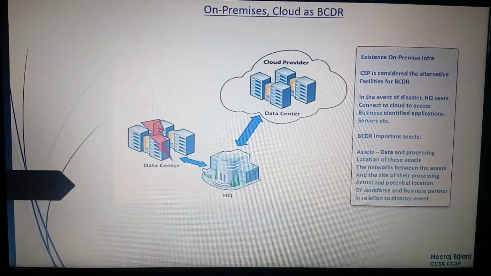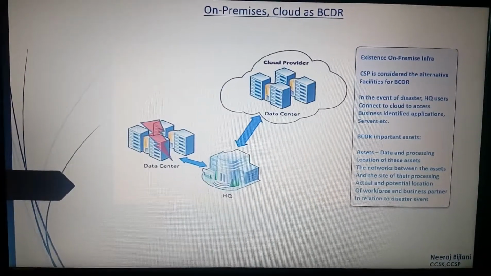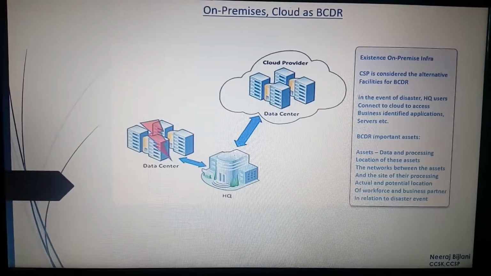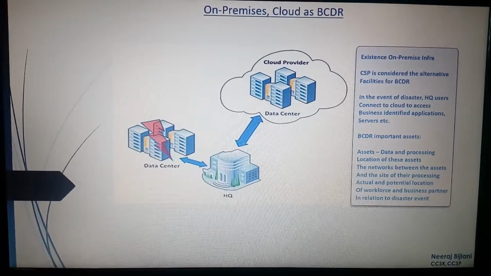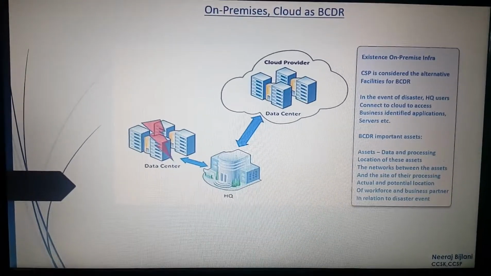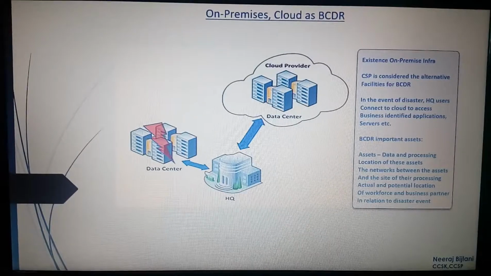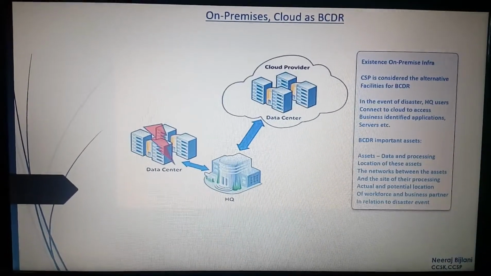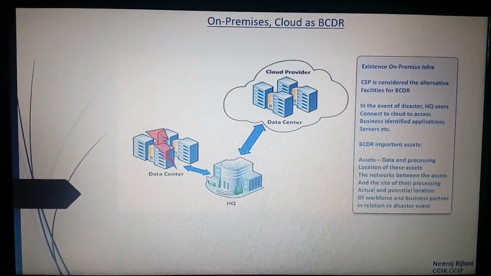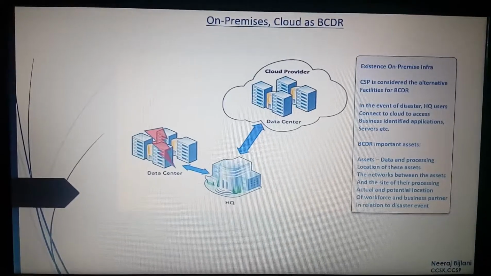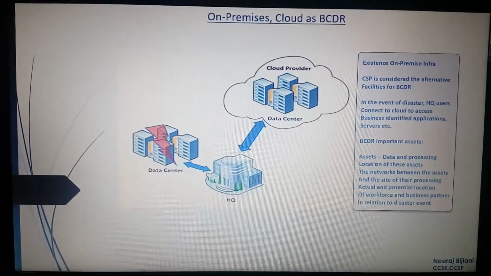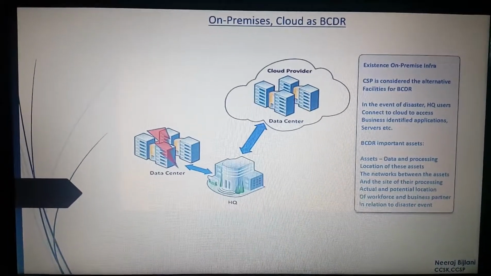Today we speak about cloud solutions in BCDR setup, so business continuity and disaster recovery. Business continuity allows a business to plan what it needs to do to ensure that its key products and services are delivered in case of disaster.